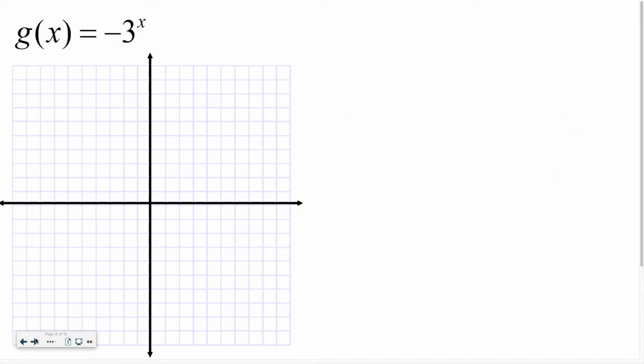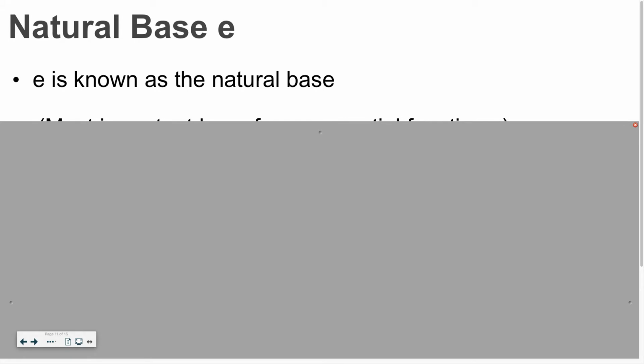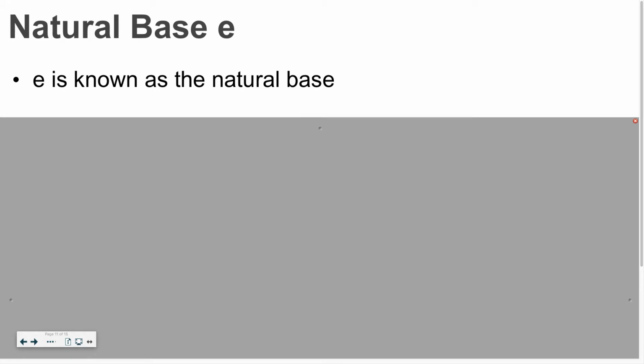Okay, let's talk about the number e very quickly. E is called the natural base. You might also hear it called Euler's constant, E-U-L-E-R, Euler. He named a number after himself. Okay.